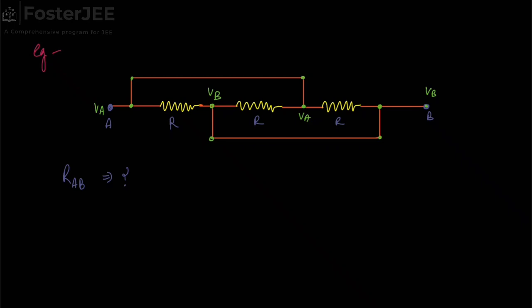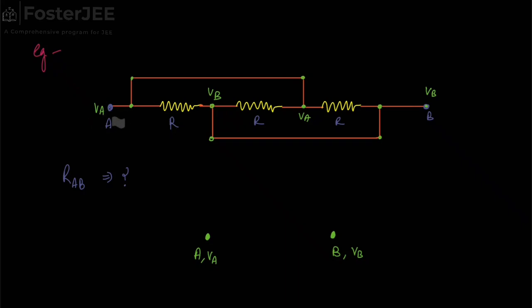Now we have arrived at a point where, suppose we have 2 points A and B, and the potential at B is VB and the potential at A is VA. Now between A and B we have one resistor.